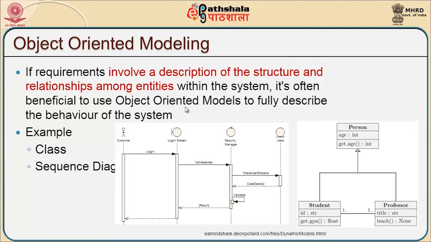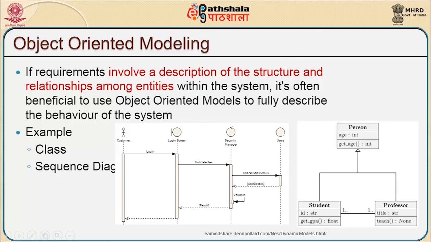The other understanding could be of the format of object oriented modeling, where we plot different use case diagrams primarily in terms of a class diagram, sequence diagram and so on. So this object oriented modeling helps, as requirements involve a description of the structure, relationship among entities within the system, and it is often beneficial to use object oriented models to fully describe the behavior of the system.